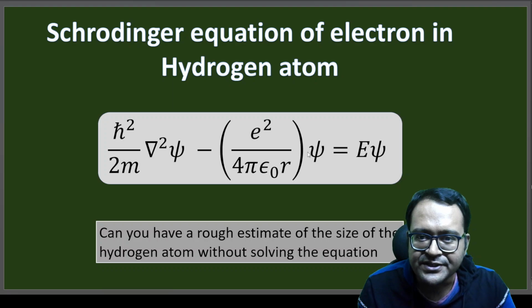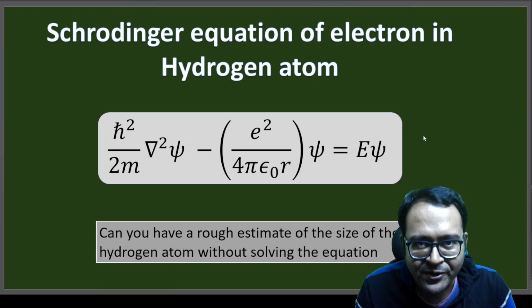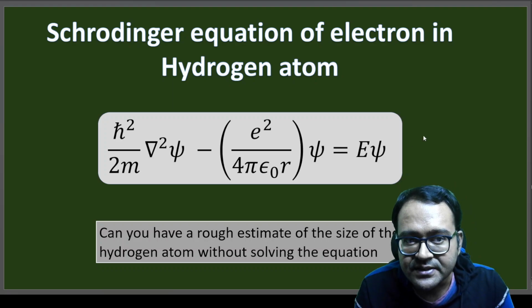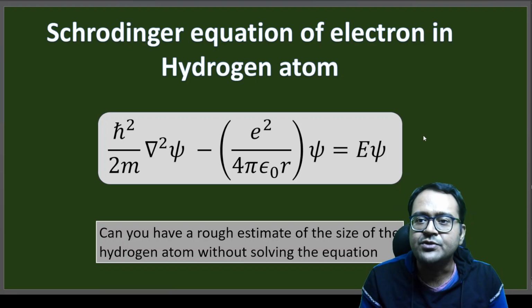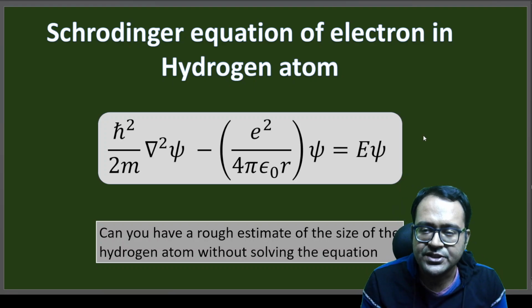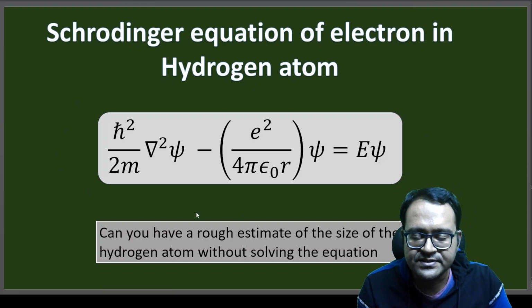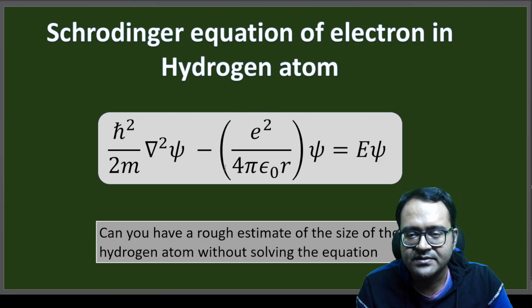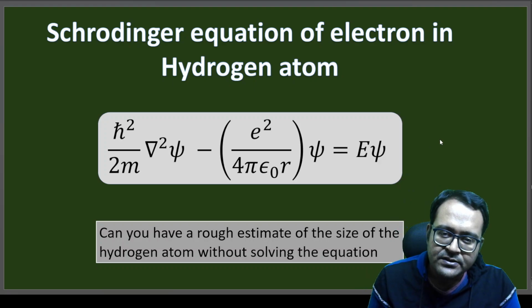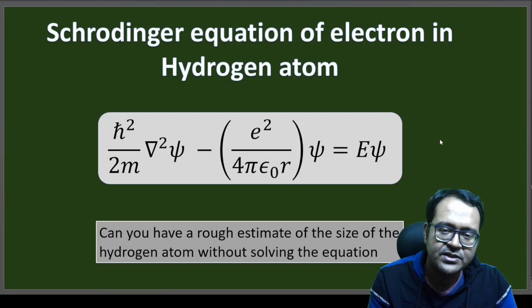But now we will deal with something more important and more interesting. Consider the Schrödinger equation of the electron in a hydrogen atom. I'm writing it in three-dimensional form. So it's the Laplacian, h bar square by 2m, minus the Coulomb potential, multiplied by psi, equals E psi. Suppose you just have this equation and you don't know anything else.